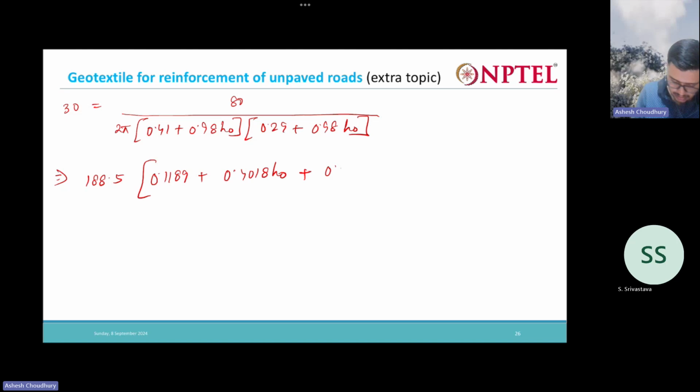0.22 h_0 plus 0.96 whole squared is equal to 80 by 0.9 plus.